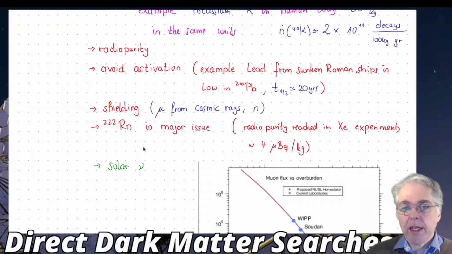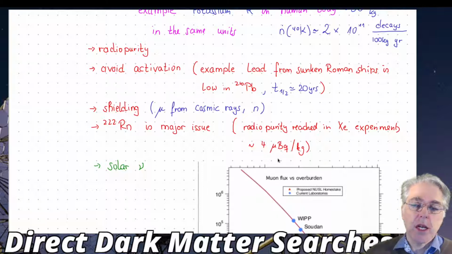And then there's finally also radon, which is a major issue and needs to be purified so that it is flushed out of the system. The values that are reached now in, for example, xenon detectors are at the level of a few microbecquerel per kilogram. And finally, there's the background of solar neutrinos, which are essentially indistinguishable from the WIMP scattering.